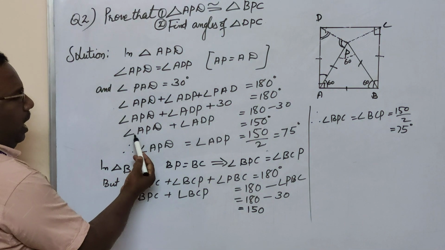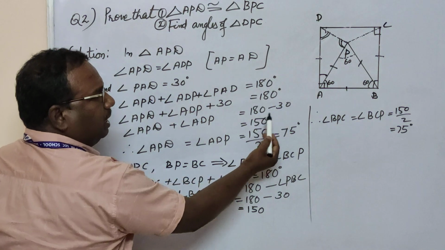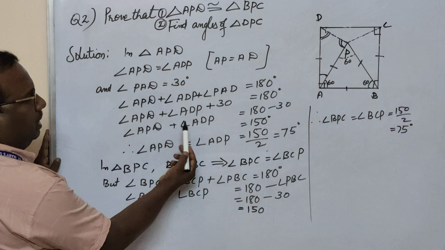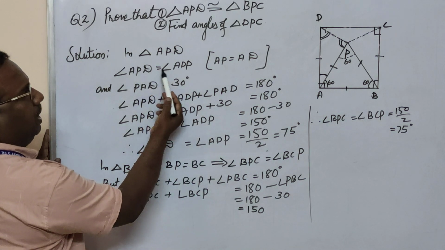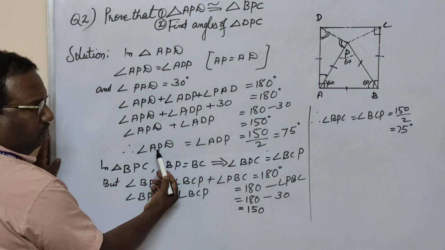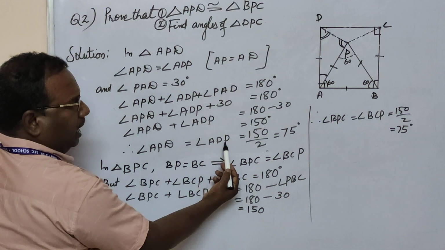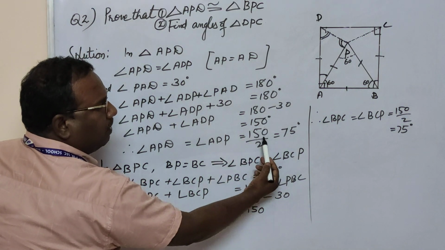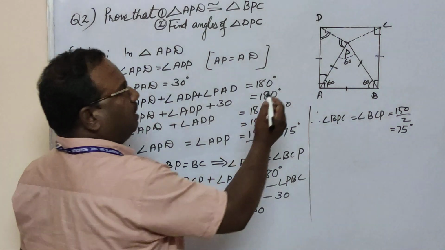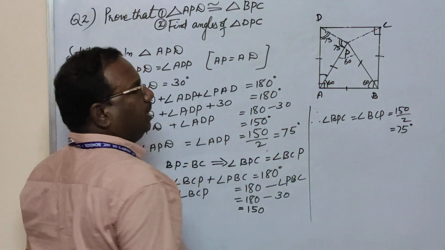Now angle APD plus angle ADP equal to 180 minus 30 equal to 150, and angle APD is equal to angle ADP. Therefore each of these angles should be equal to 150 by 2 equal to 75 degree. That is, this is 75. This is also 75 degree.